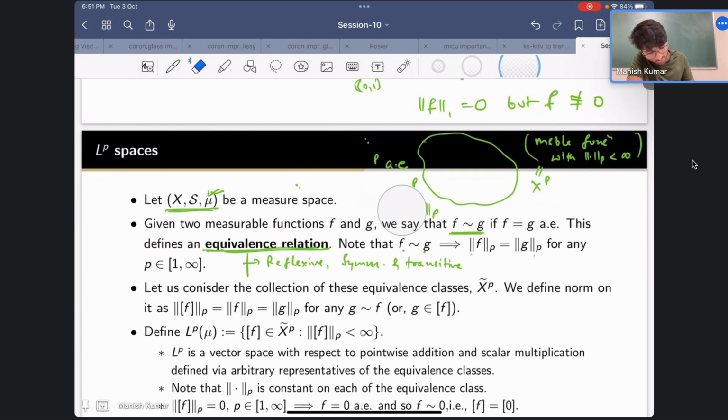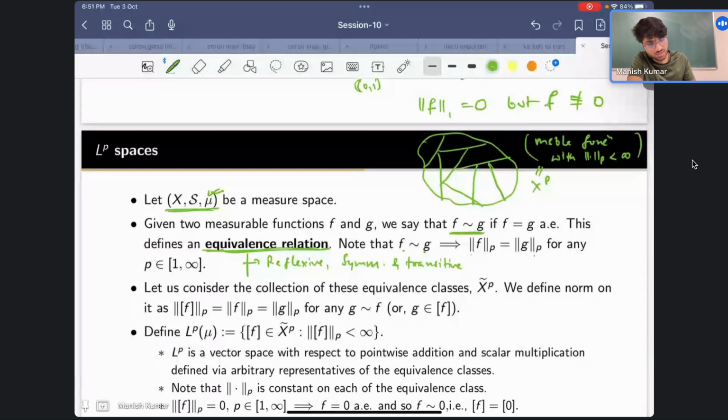Now you see, when you have an equivalence relation, you can define partitions, right? So this Xp can be partitioned into different partitions. Like this, you can break this space into different partitions.